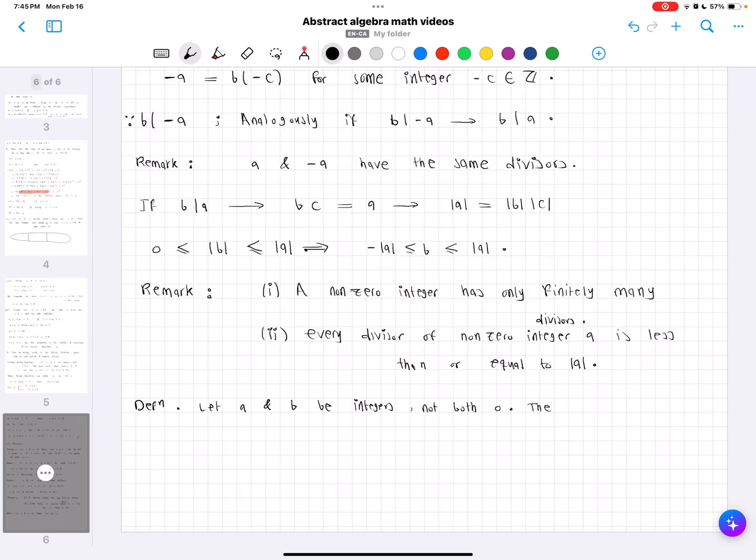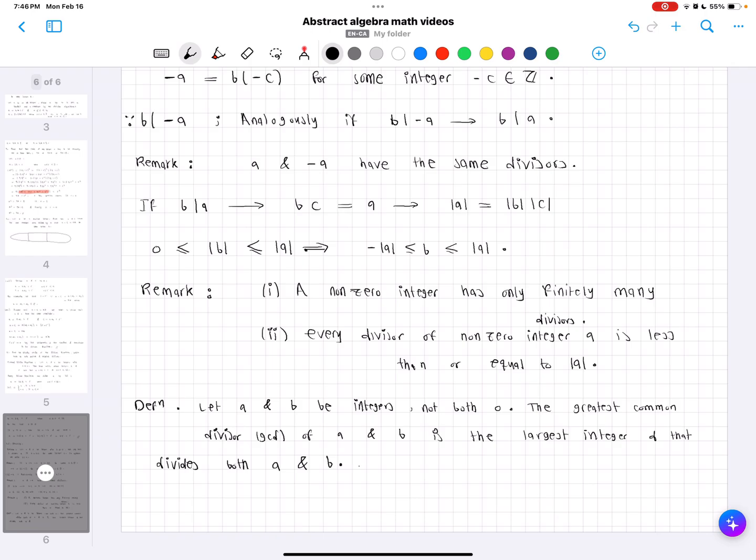The greatest common divisor (GCD) of A and B is the largest integer D that divides both A and B.